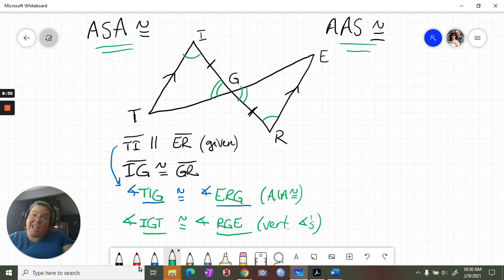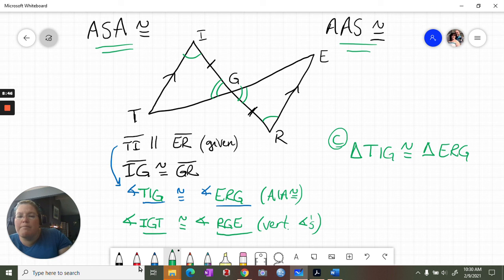So that's our angle-side-angle setup, right? So I can say triangle TIG is congruent to triangle ERG. That's my claim. And my reason is angle-side-angle congruence. But there is another path we can take.